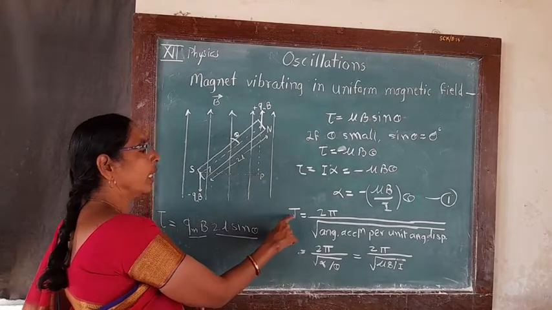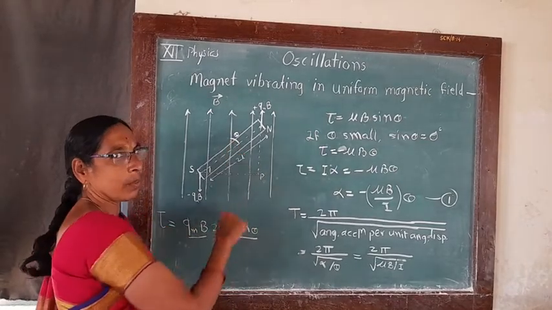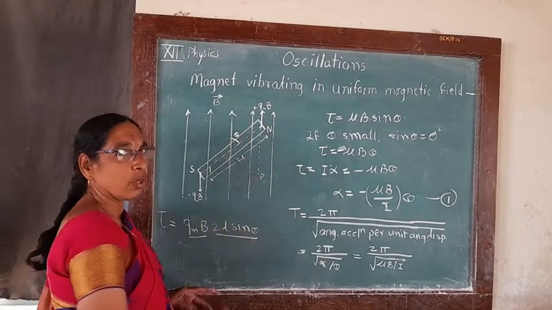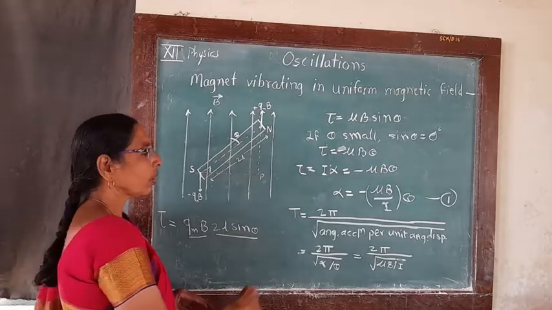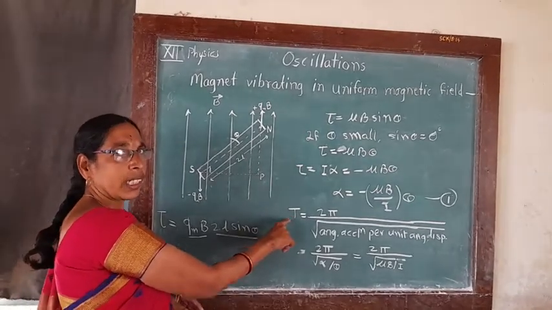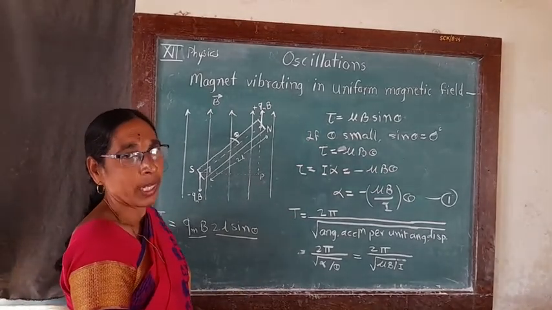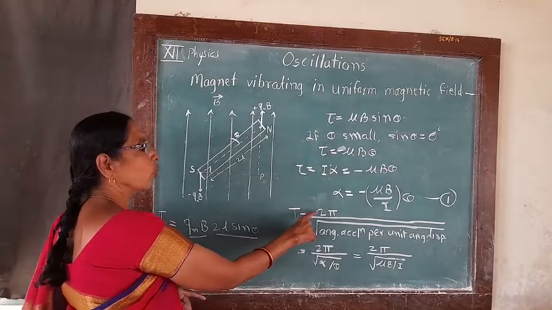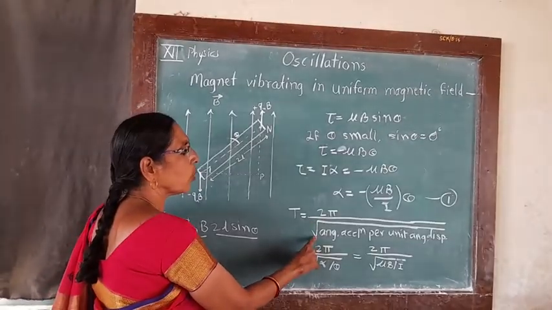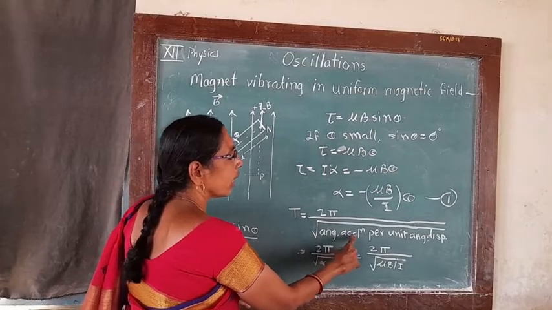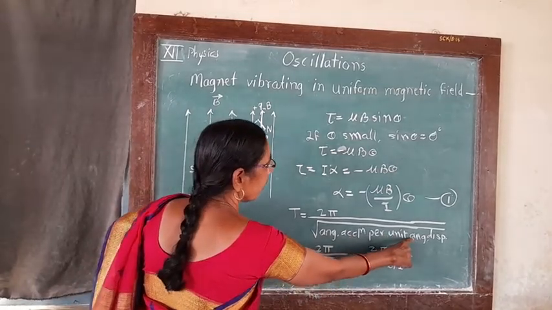Then we have to find the expression for the period of this bar magnet vibrating in a uniform magnetic field. The value of the period T is equal to 2 pi upon omega, that is, T is equal to 2 pi divided by the square root of angular acceleration per unit angular displacement.